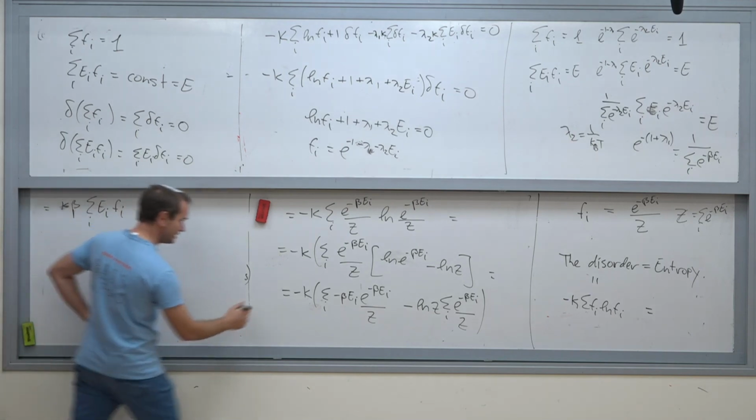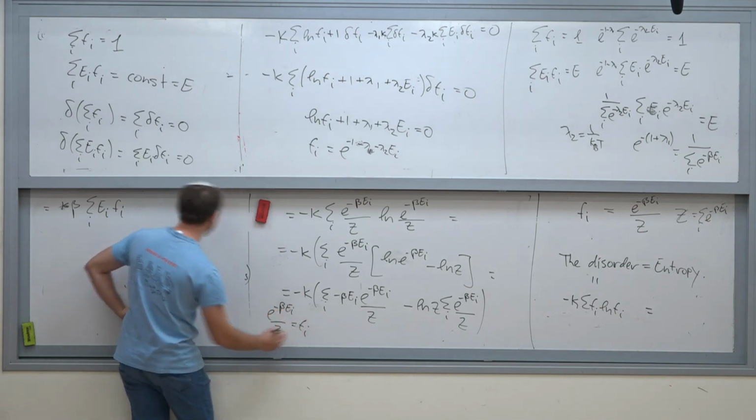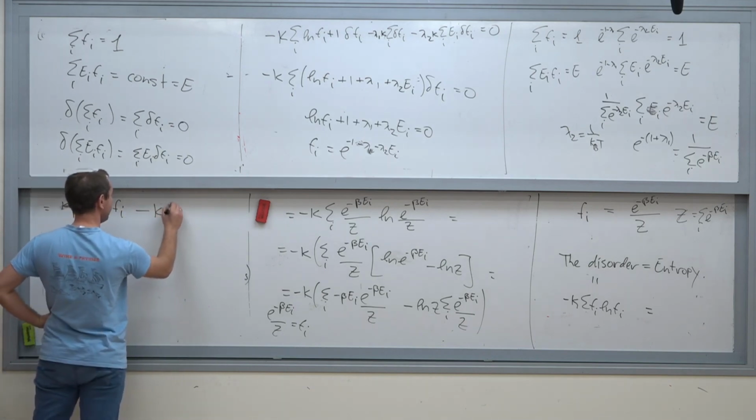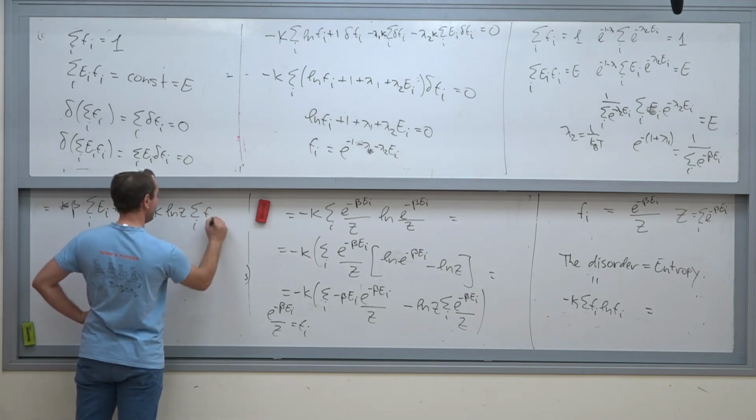Why? Because e to the minus beta Ei divided by Z is simply Fi. Okay? Minus k log of Z sum over i of Fi.